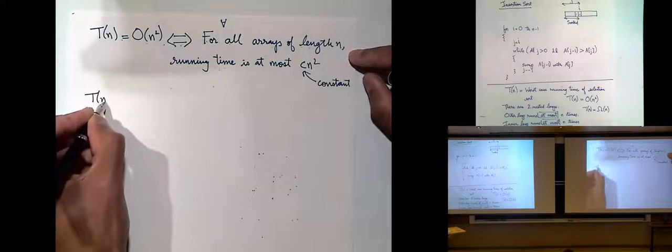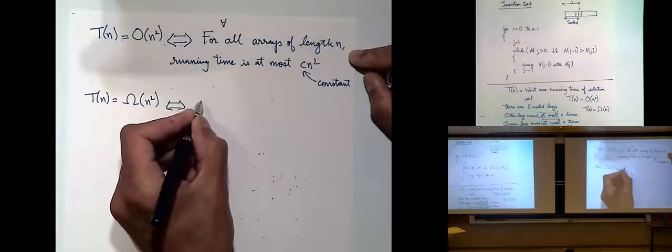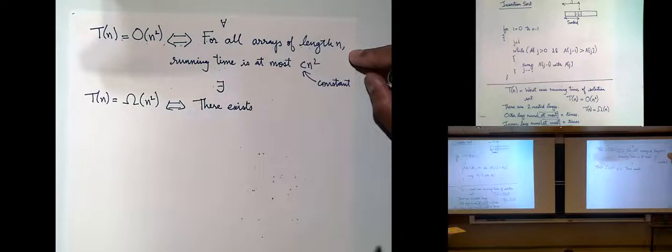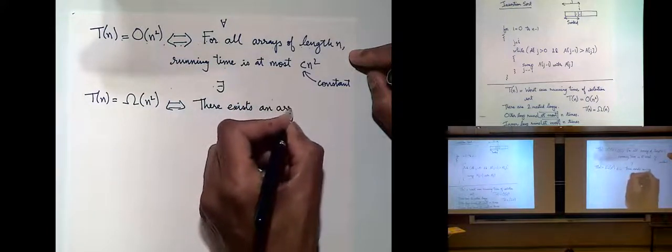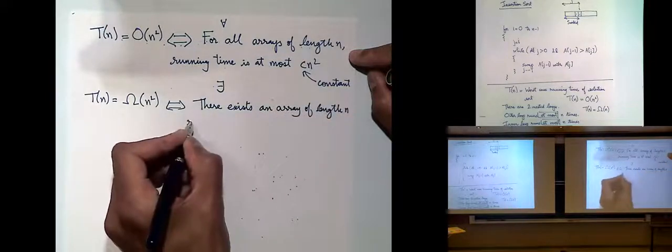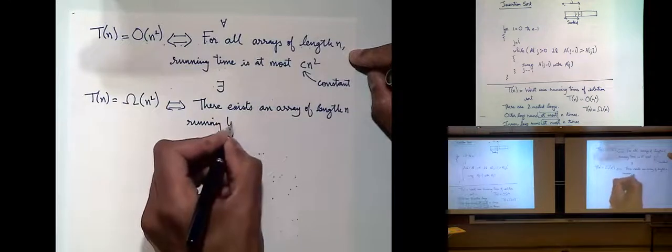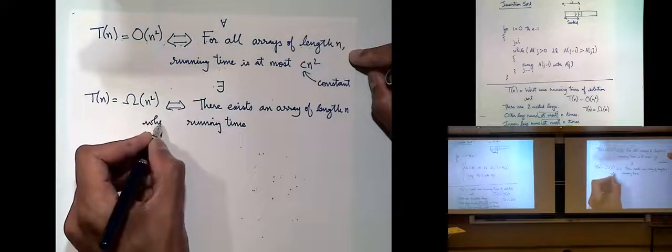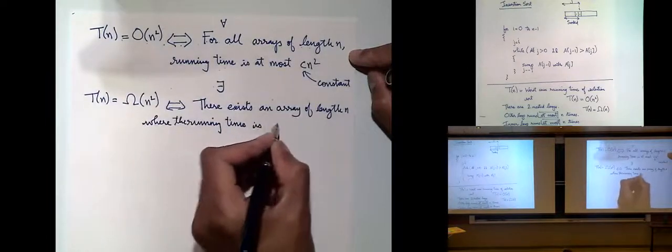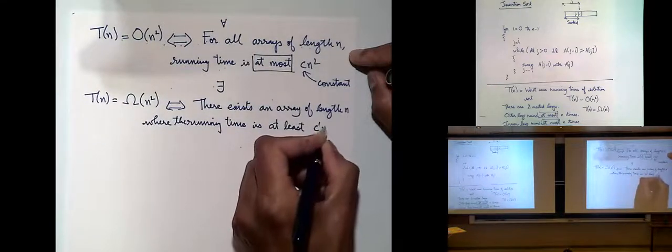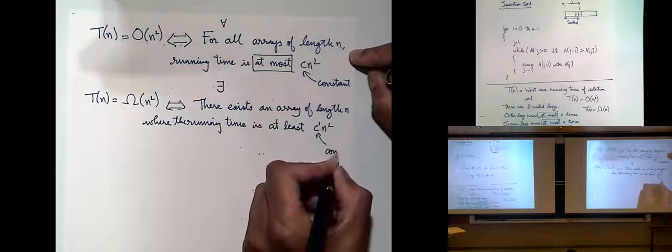When I say T of n is omega n squared, then I'm saying that there exists, so that's the existential quantifier, there exists an array of length n where the running time is at least C prime n squared, where again this is some other constant.